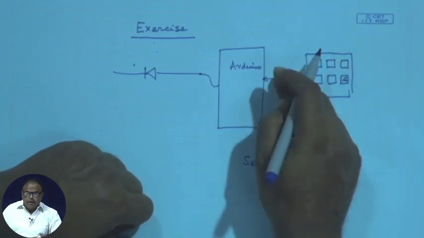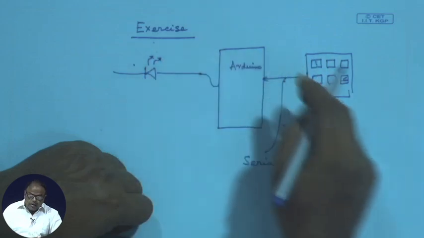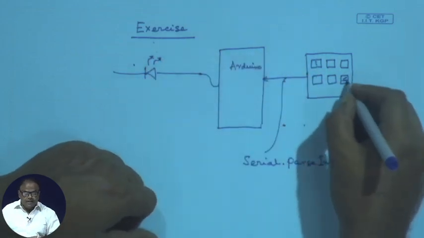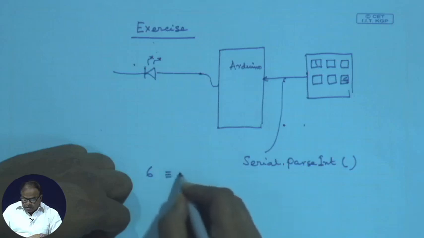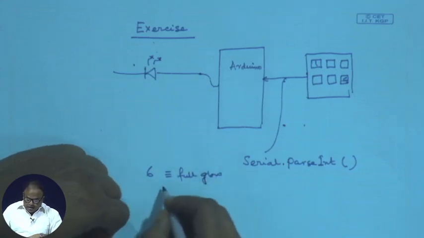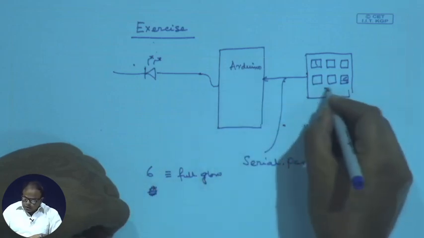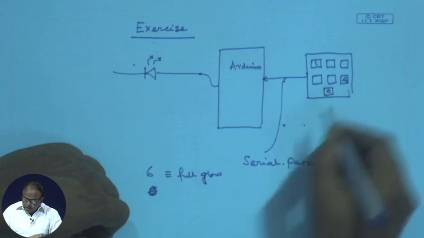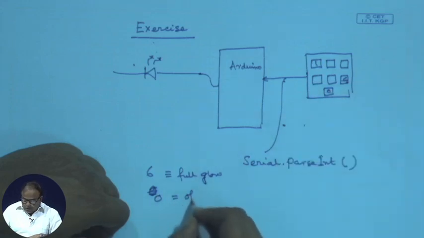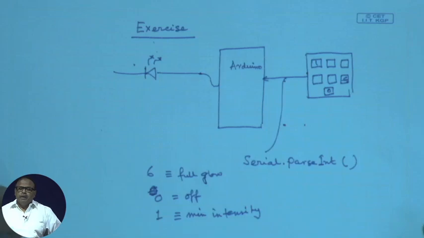So, it comes over here and this LED will glow with different intensities: when I put 6 it means full glow, and 0 is not there, so let us put a 0 here. 0 is off and 1 is minimum intensity.